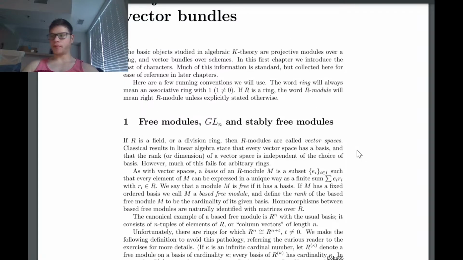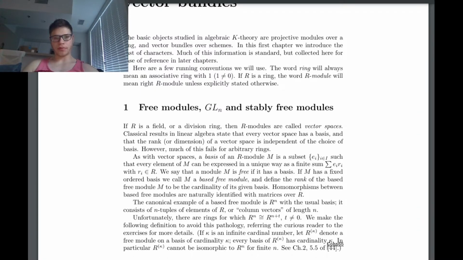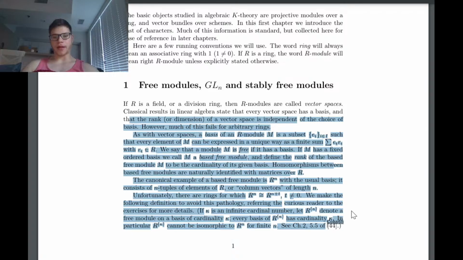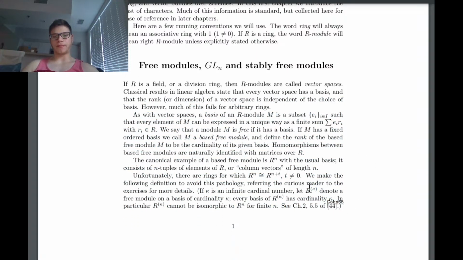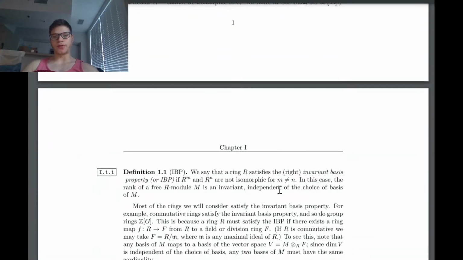So first of all, we're going to talk about free modules and projective modules. But first, this part I already read: the book talks about invariant basis number, which is an important property where basically the dimension or rank of a free module is well defined.